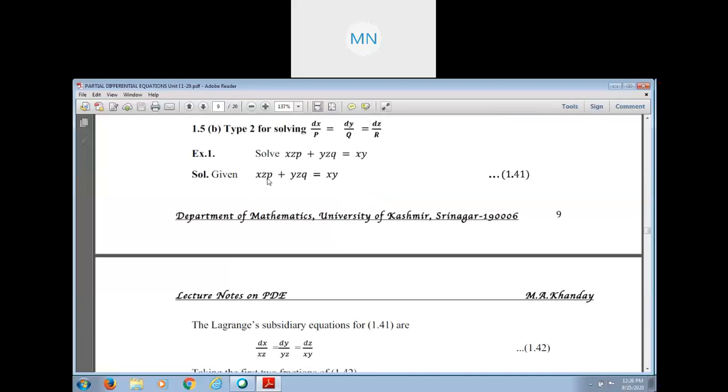Here, P is capital P. For this equation, P is xz, so the Lagrange auxiliary equation is dx by xz equals dy by q. Here q is yz, and r is what?